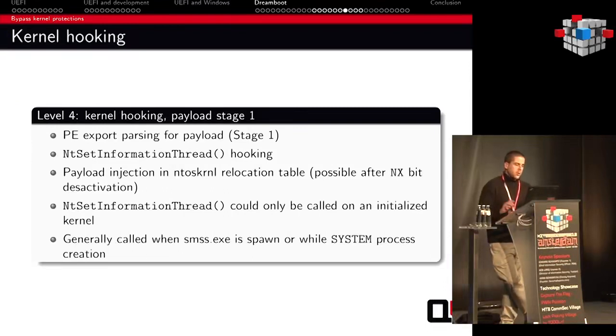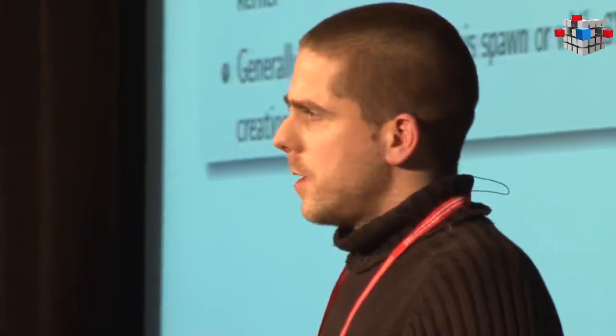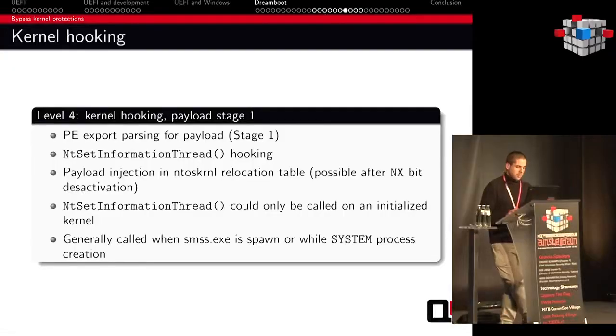So I just resolve some functions. My idea is to break on this function because it can only be called on an initialized kernel. Generally, this function is called when the first userland processes are spawned, typically the Session Manager Subsystem, SMSS. It's maybe the first process which calls this API.